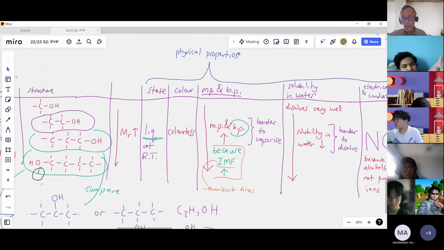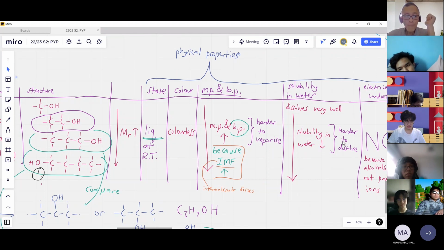So you have to know, guys, that as you go down the family, solubility in water decreases. It becomes harder to dissolve. For butanol, the fourth member, it is quite hard to dissolve. I would say it's barely soluble in water.